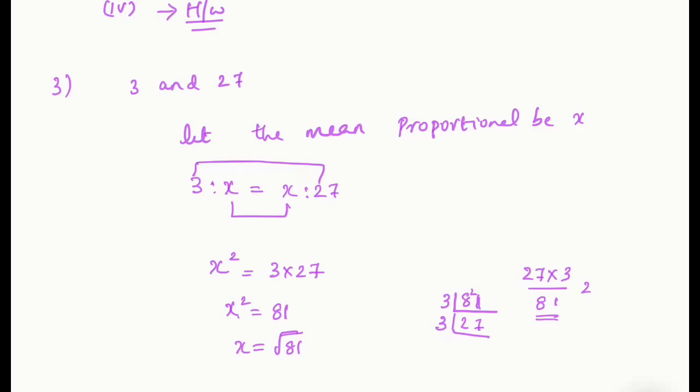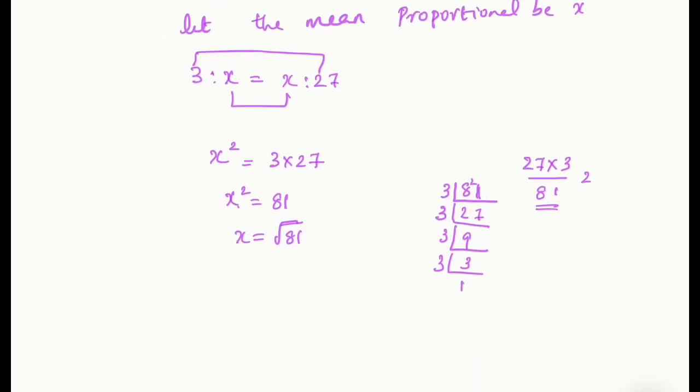Again divide 27 by 3, you get 9. Again divide by 3, you get 3, then 1. Like you do the LCM, same way you are doing the short division method. So 81 you can write as 3 into 3 into 3 into 3.